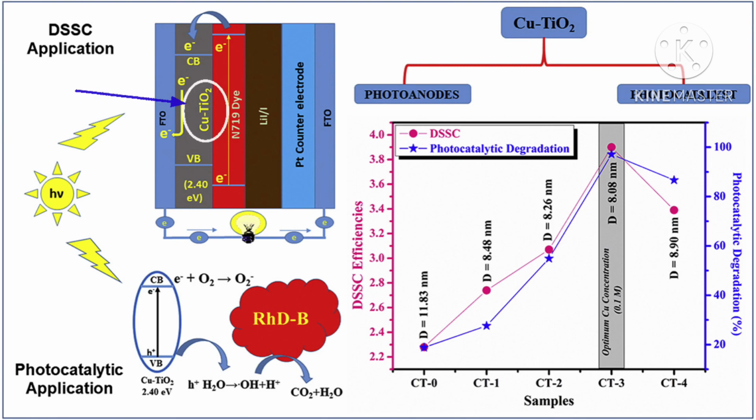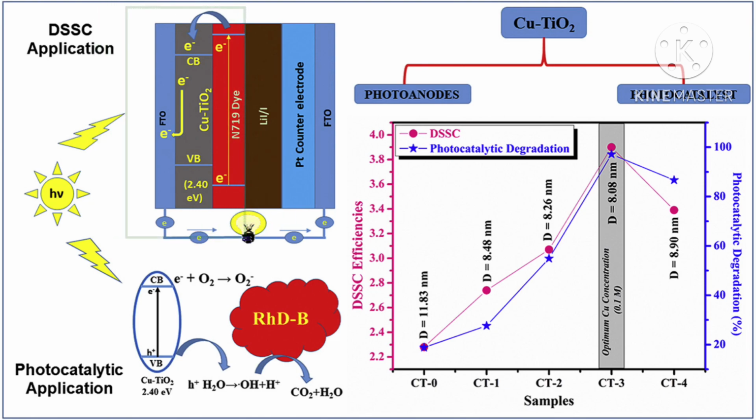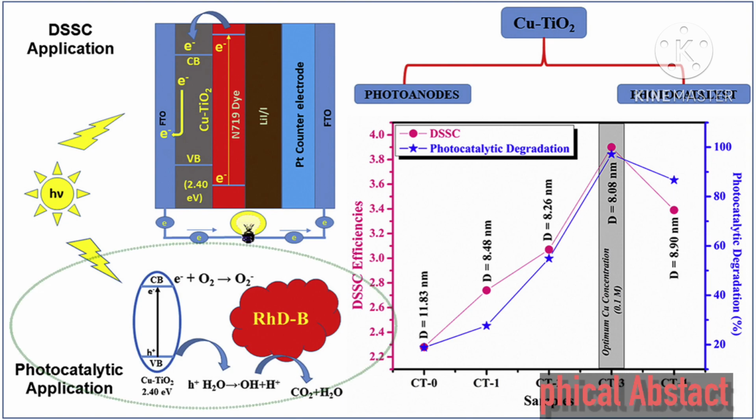Copper-doped titanium dioxide nanoparticles were synthesized by the sol-gel technique with different molar concentrations of copper. The effect of copper doping on the structural, morphological, compositional, optical, and electrical properties of titanium dioxide was systematically analyzed for its better suitability as a photoanode in dye-sensitized solar cells and as a photocatalyst in dye degradation.